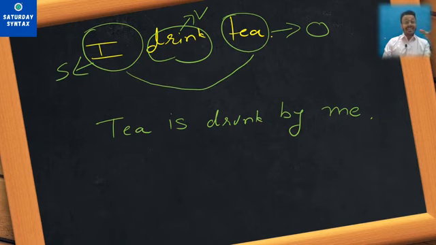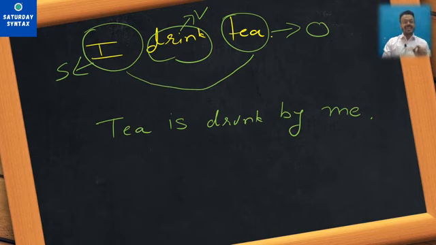I will give clarity regarding all the tenses in change the voice. This is just the video of basics in which you have to identify subject, verb and object, and shuffle S and O, and I have given a simple example. In upcoming videos, you will have a clear idea regarding all the tenses, right? Again, I'll explain: the question is I drink tea. S becomes O, O becomes S, so we'll start the answer with tea. Now the helping verb: if it is simple present tense, then the helping verb would be is.